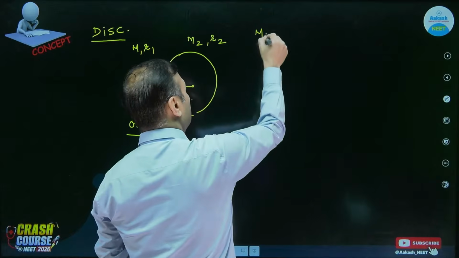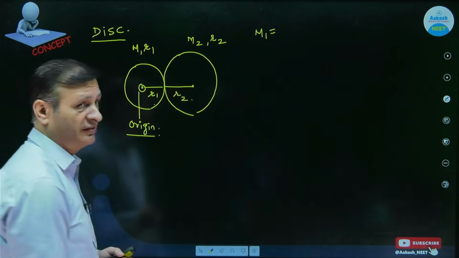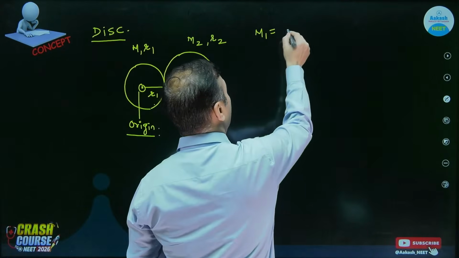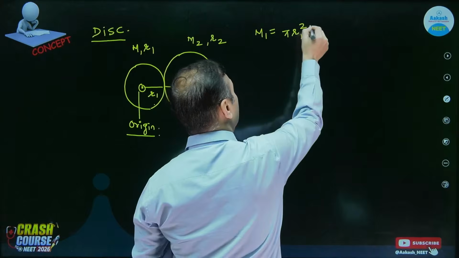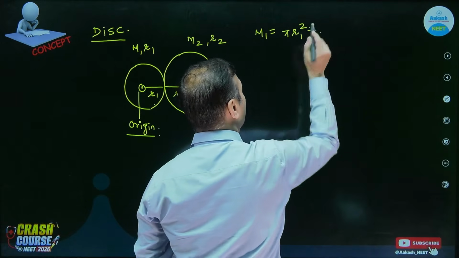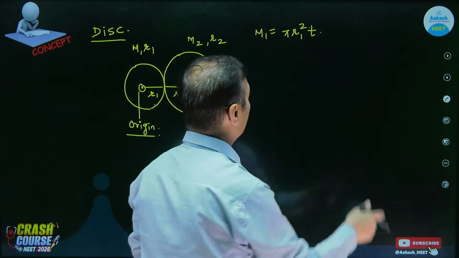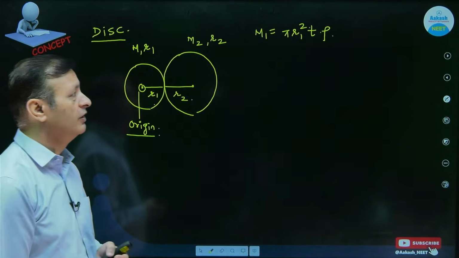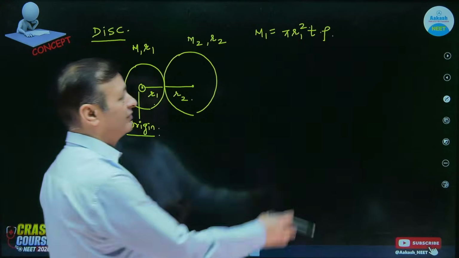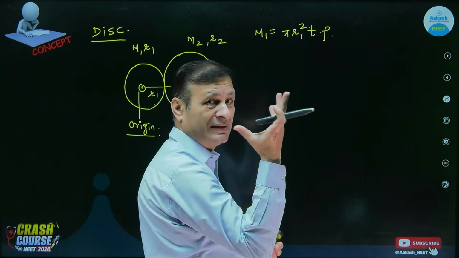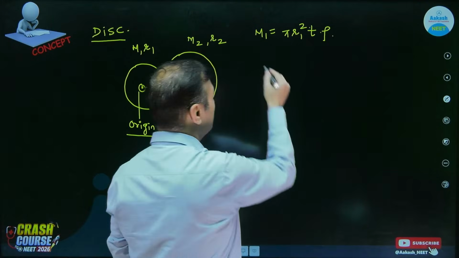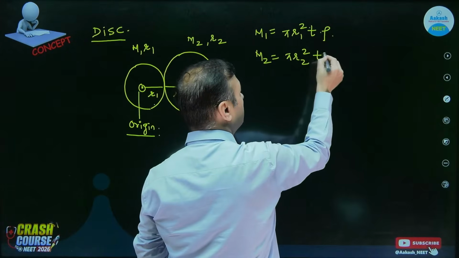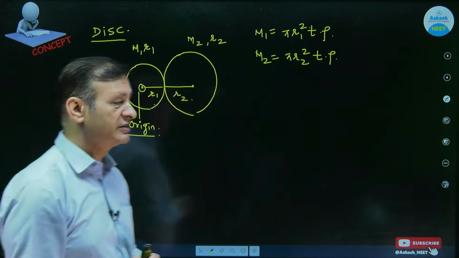These discs are of uniform mass. Let's suppose they may have some thickness also. So mass m1 can be written as area times thickness, which becomes volume, and volume times density becomes mass. So this is how we'll put m1, where t is the thickness, rho is the density, and these two are of the same material. Similarly we can put m2 as pi r2 square, same thickness and same material, same density.